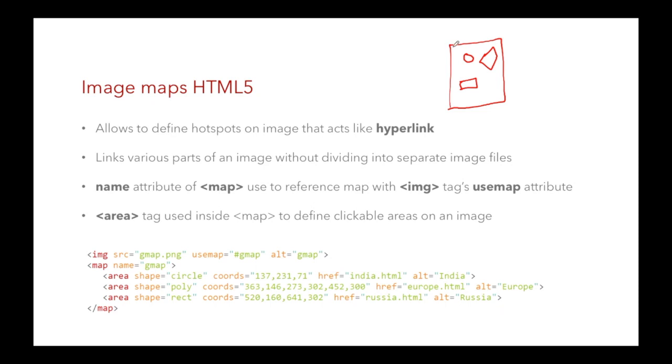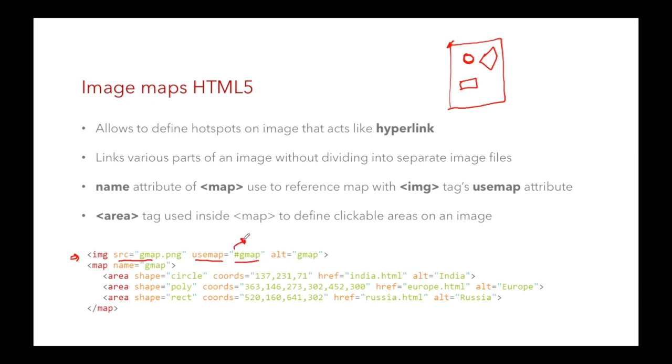So this is a single image, and we have created these maps or hotspots which we are making clickable. In order for this to execute, we specify the image tag. Inside the image tag, we have specified the src attribute, where I have specified the file name. Then usemap is one new attribute where I specify which map tag I need to refer to.